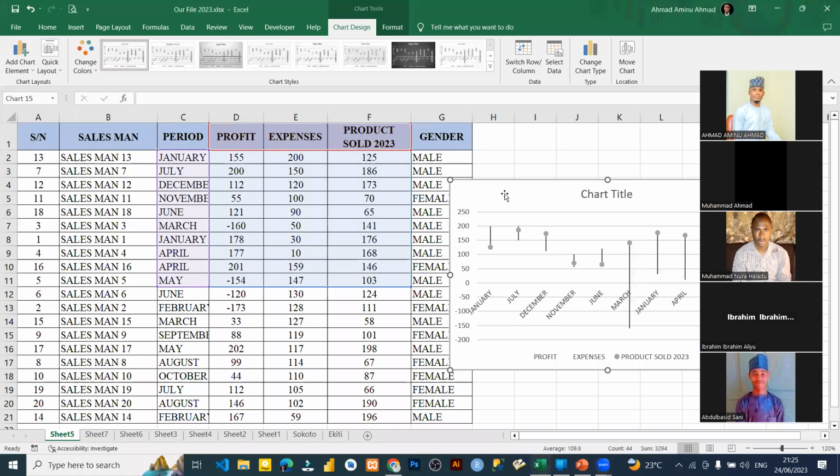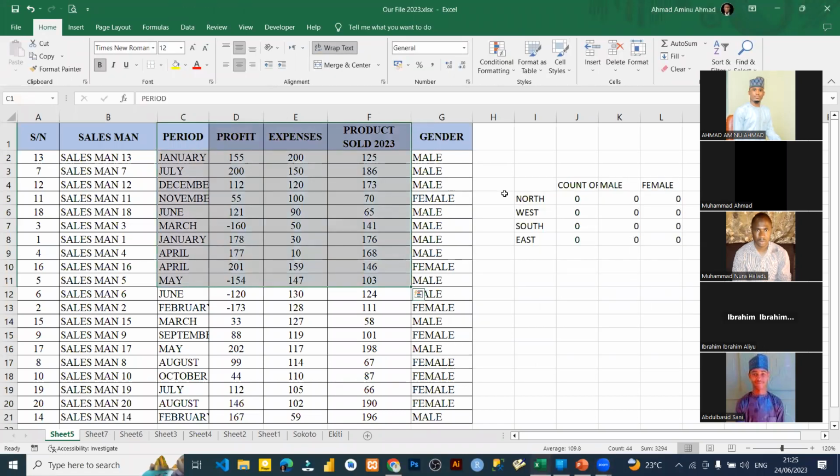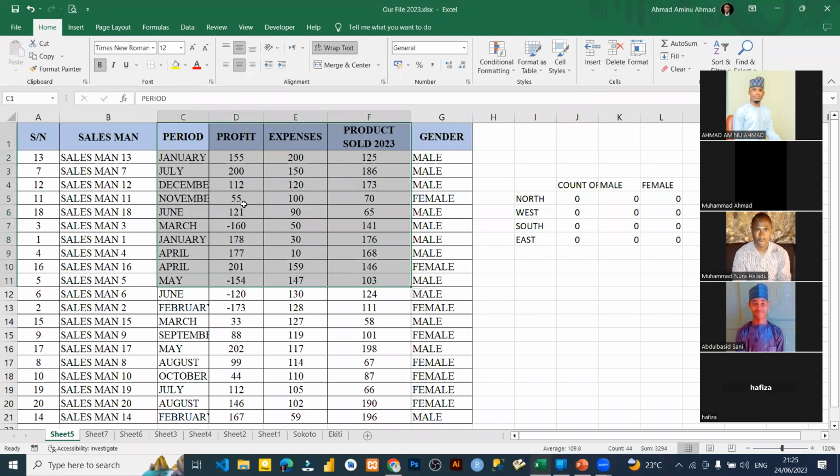Okay, so the next thing we are going to talk about is the surface chart. This surface is another chart that we can use when the categories and the series of our data are numeric. So when we have numeric values, for example, the categories are numeric and the series of data are numeric, we use this surface chart in order to show what we want.